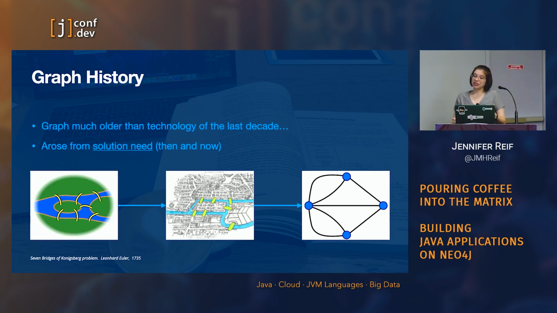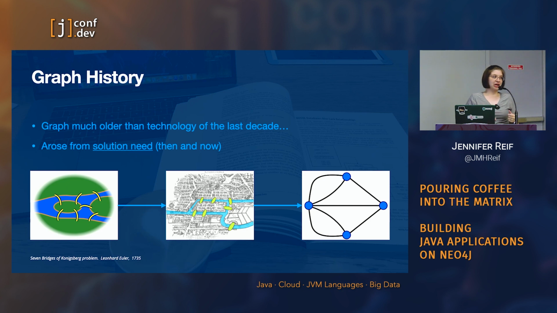So a little bit of history on graphs. It's actually much older than the technology. The technology was founded somewhere around 10 years ago. But it's actually based on graph theory, the foundations of which were formed back in the 1700s by a scientist named Leonhard Euler. And they were trying to solve this puzzle. They had 4 landmasses and 7 bridges that connected the city of Königsberg, Prussia at the time.